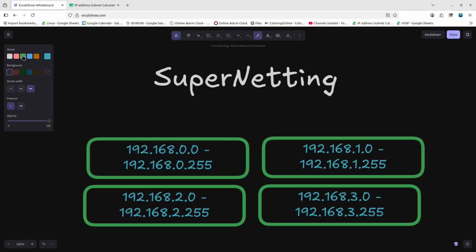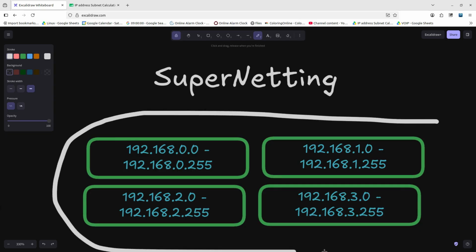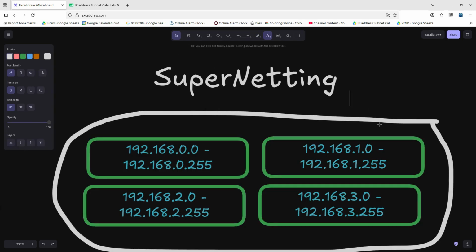Imagine we have these four networks: network 1, network 2, network 3, and network 4. Instead of dividing them into /24 as CIDR, we will combine all four into one single network, rolled up as 192.168.0.0/22, an entire single network.